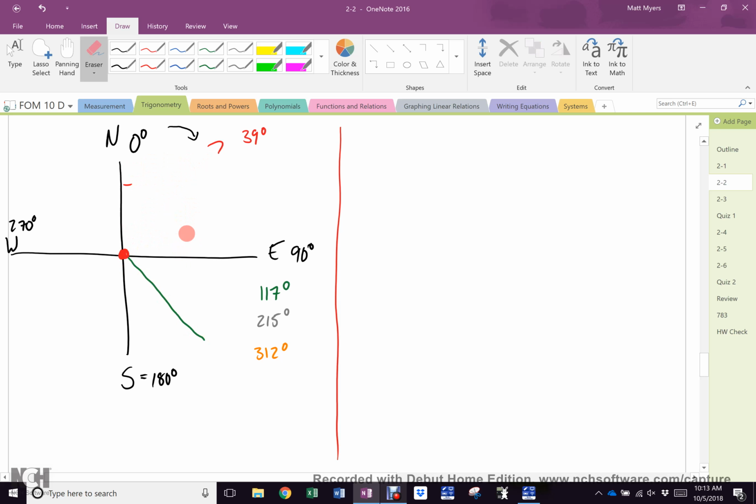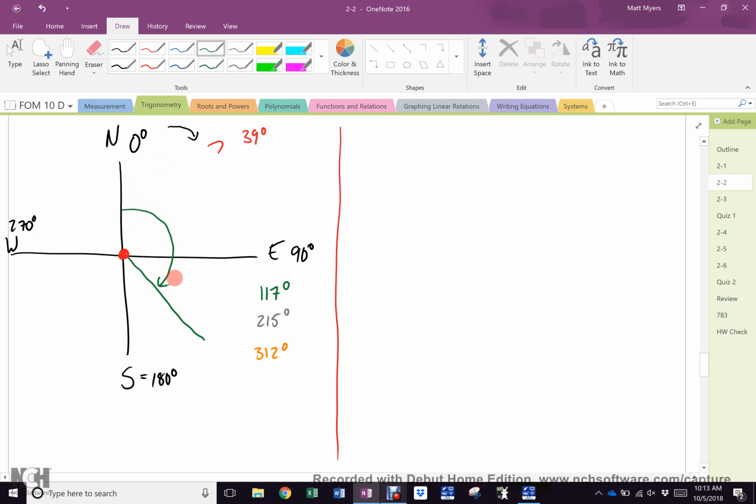Okay, in math, where do we start counting from? No. In math, forget about directions. Where do we count from in math? 0. If it happens once in math, how many times does it happen? Always. So I must start counting at 0, yes? So if you want to, you can. So this is 117. Agreed?